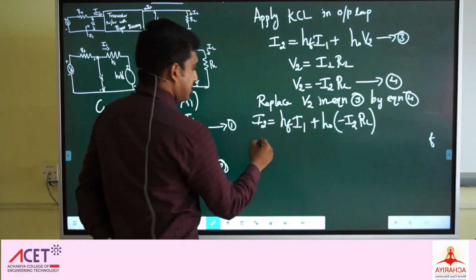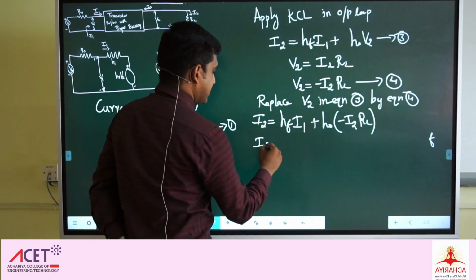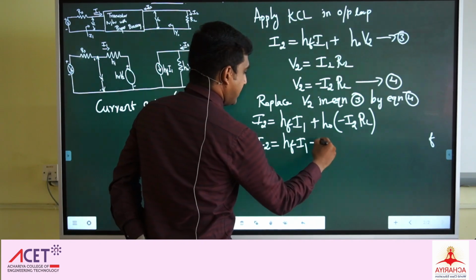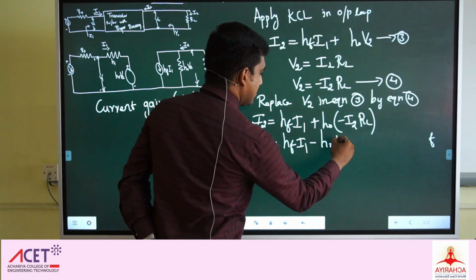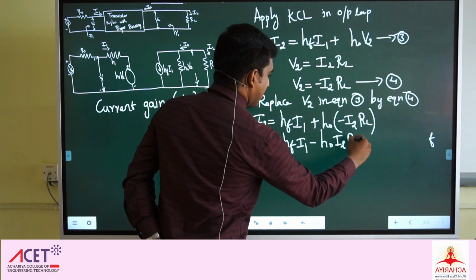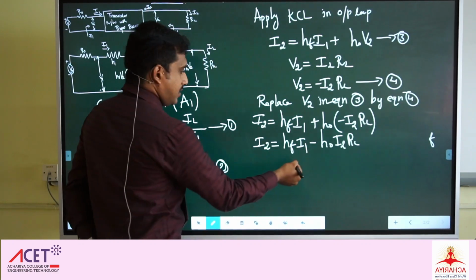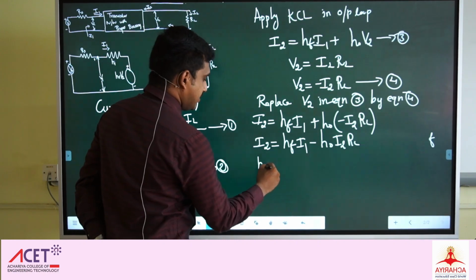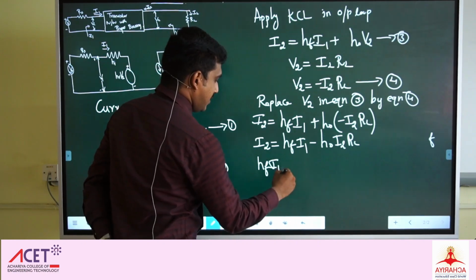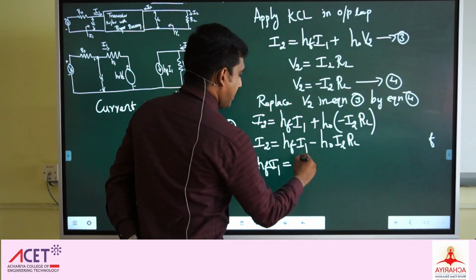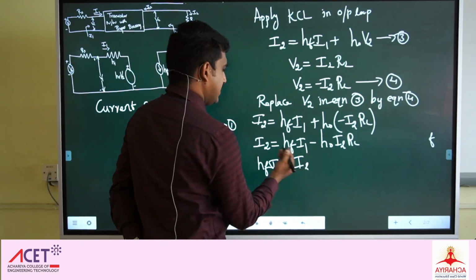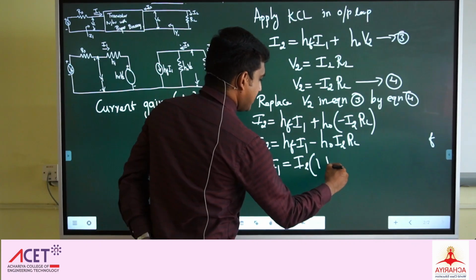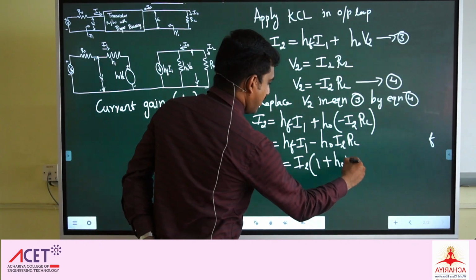Now we can simplify this equation. I2 is equal to HF I1 minus H0 into I2 into RL. We can bring I2 to the left hand side. HF I1 is equal to I2, taking I2 common outside, 1 plus H0 into RL.